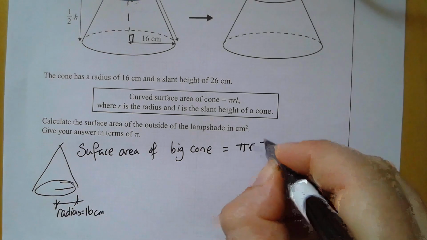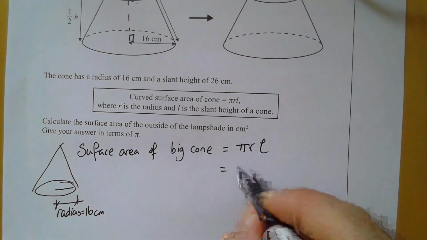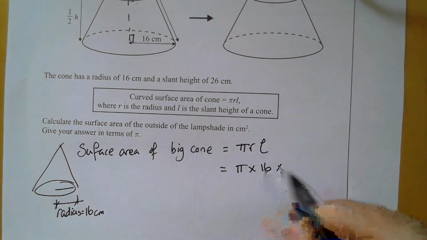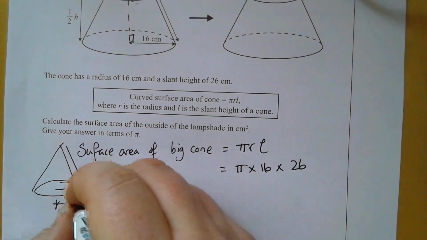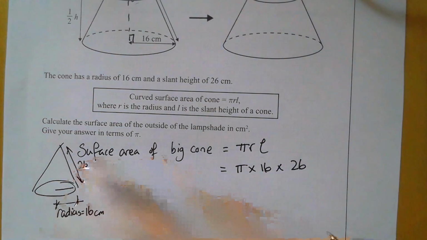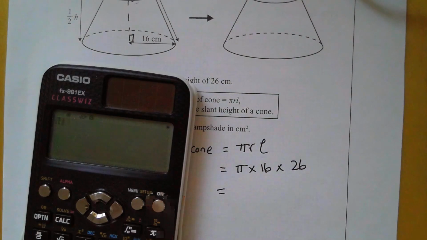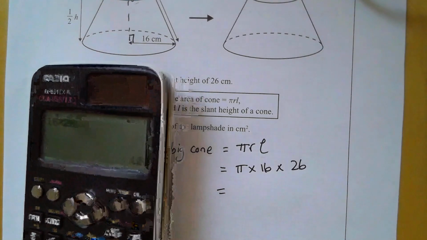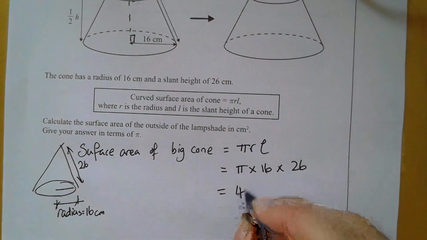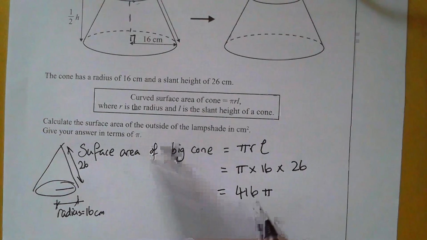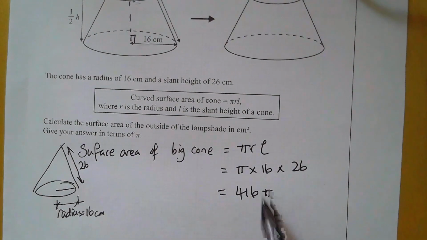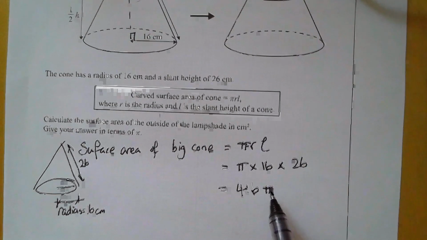That's the formula we need to use. Slopey length is 26. Put that into the calculator. 416. It's asked us to keep it in terms of pi, so I'm not going to do anything with that pi. I'm just going to leave it as the number it is, just there.